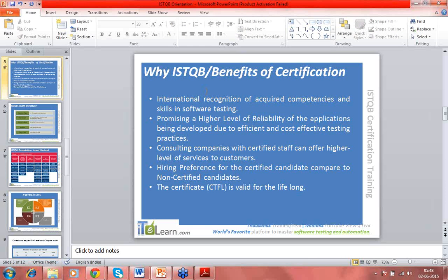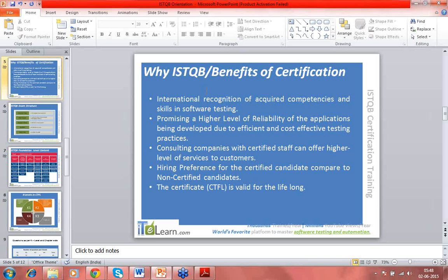So if I'm in the place of the customer, when I wanted to give a product to the company X and Y, if both of them are equally charging and equally providing the services, probably I would prefer company X over company Y, because company X has all fully qualified certified professionals, and the company can promise me the high reliability of the product compared to the other company who have just qualified people, or skill based people, who have not really gone through any process or certification, etc.